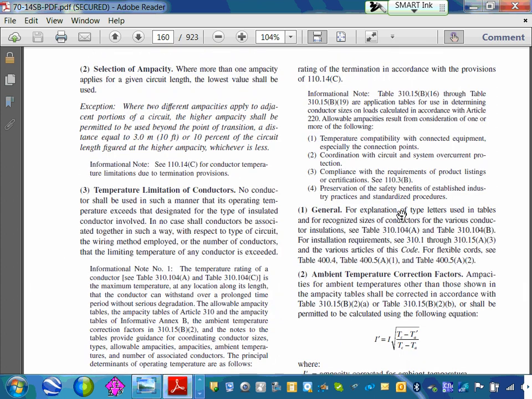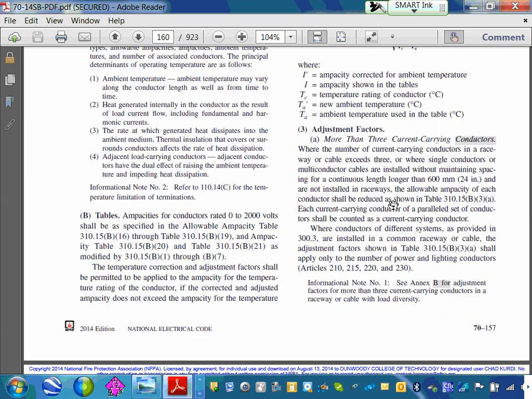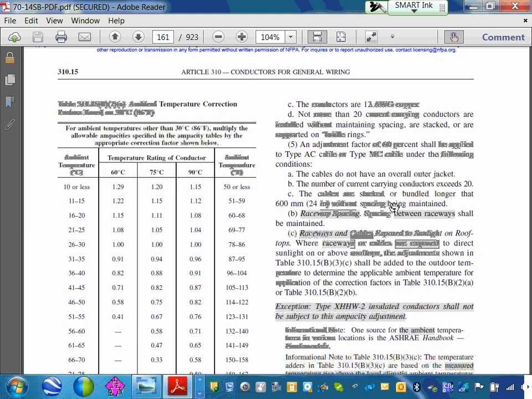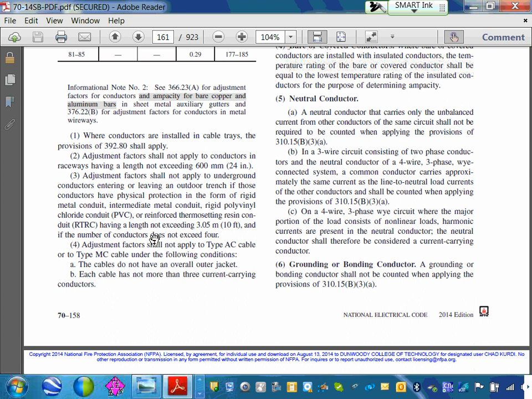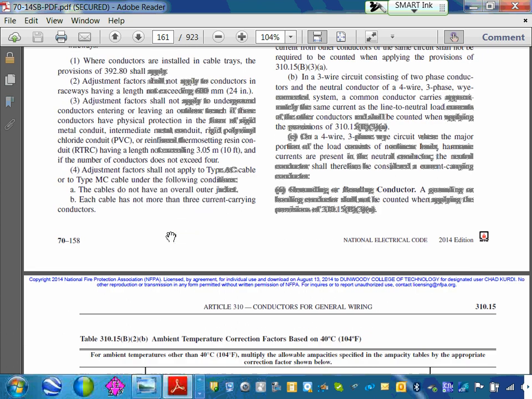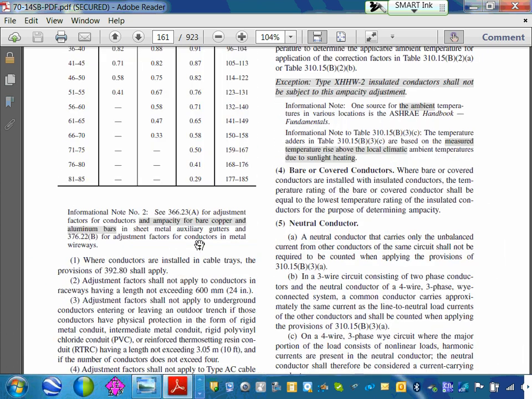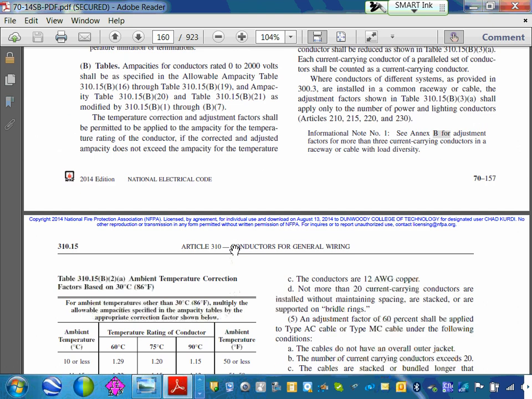I can't find it. And then, of course, where I highlight it, having a negative 310.6. Which one? 310? 310.16. Okay.